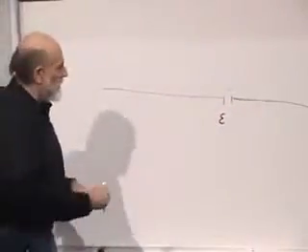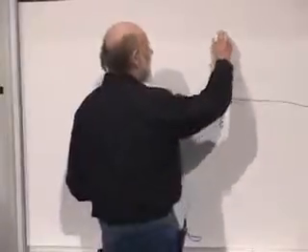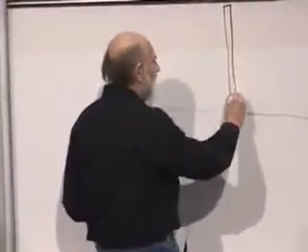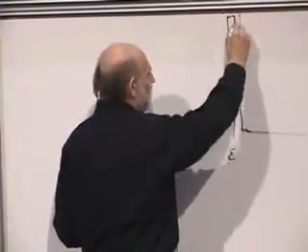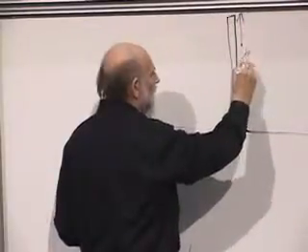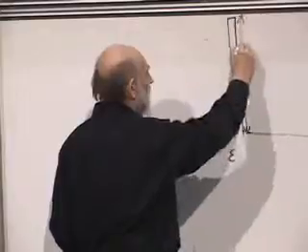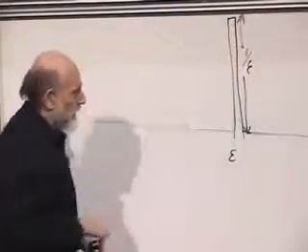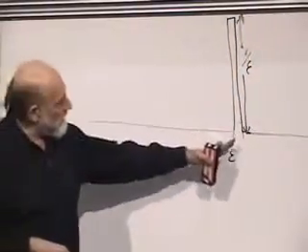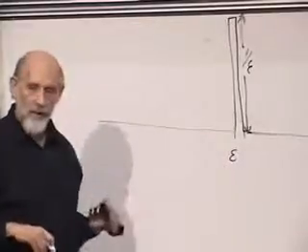And the height of the function we'll take to be 1 over epsilon. That's not in itself very important at the moment. But just to put some area under that function, let's make the function as high as it is narrow.